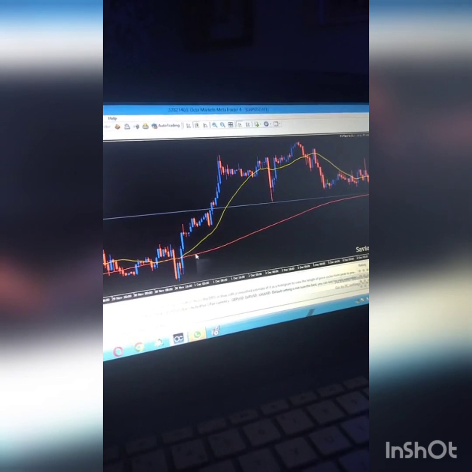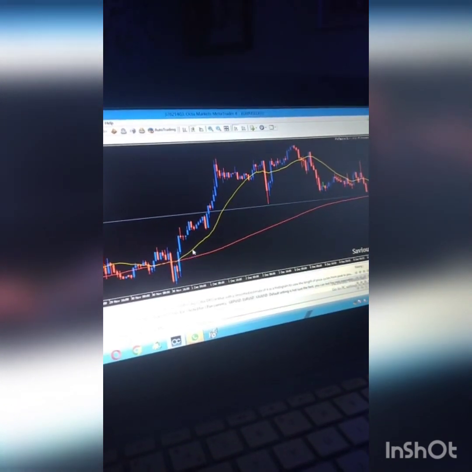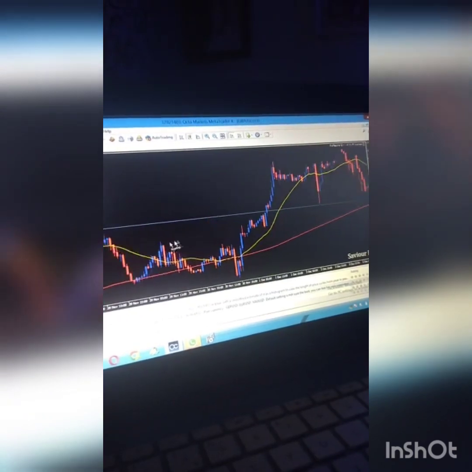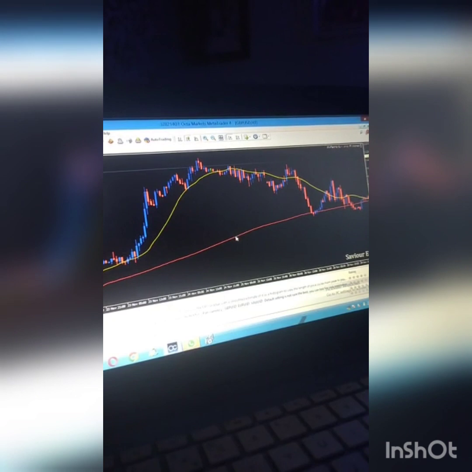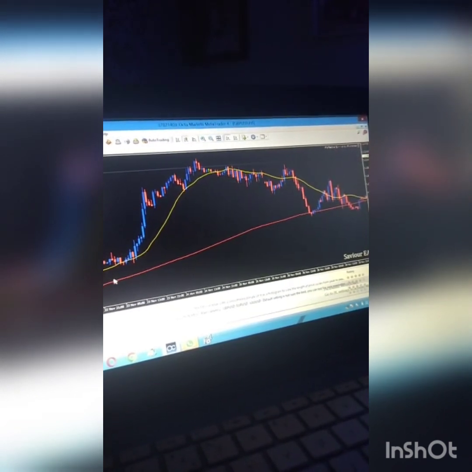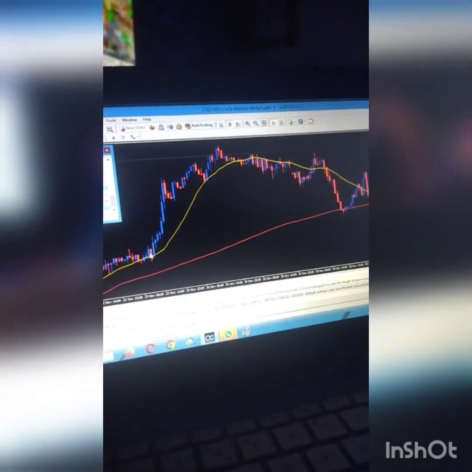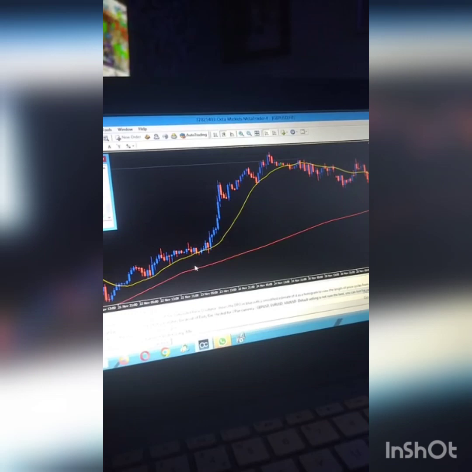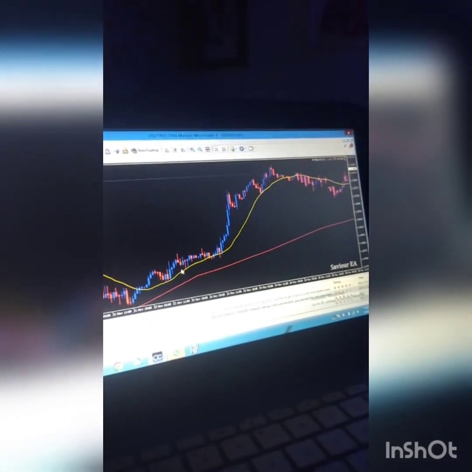From here to here is close to each other. From here to here is far from each other. From here to here is close to each other. So we only trade when the moving averages are close to each other.